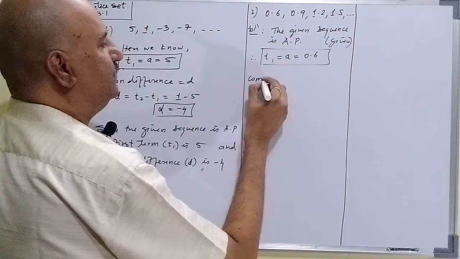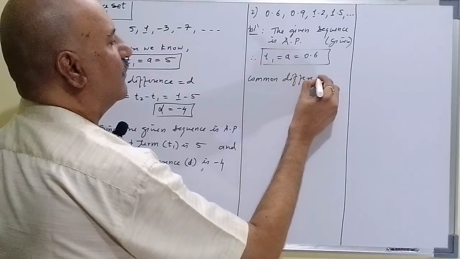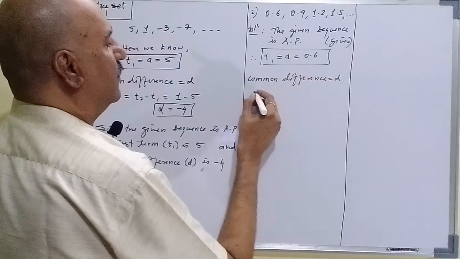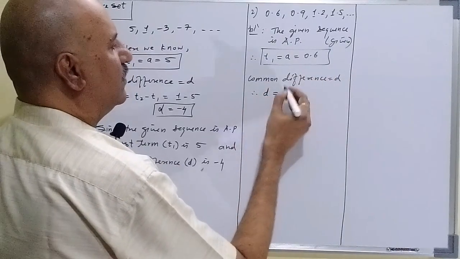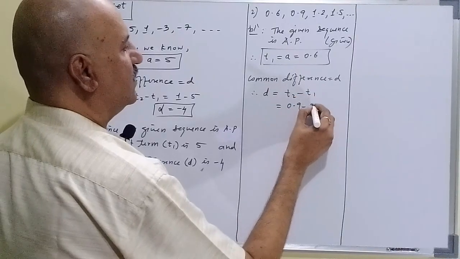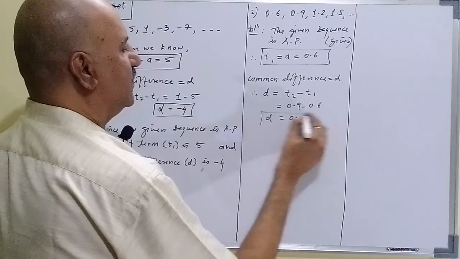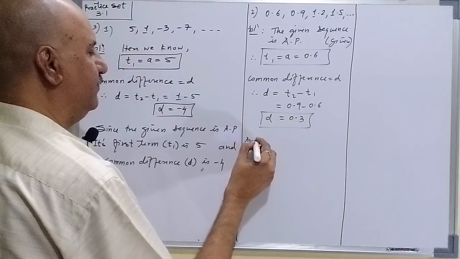कॉमन डिफरेंस equal to D. Therefore, what is D? T2 minus T1. 0.9 minus 0.6 is 0.3. तो कॉमन डिफरेंस आ गया. आंसर लिख लो.